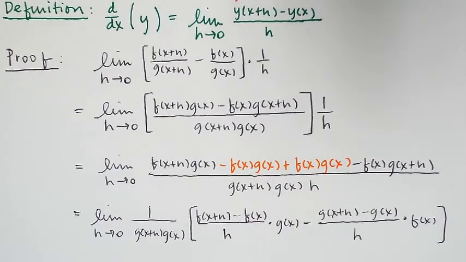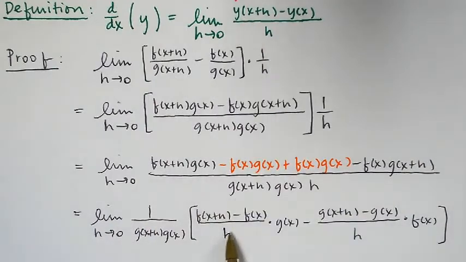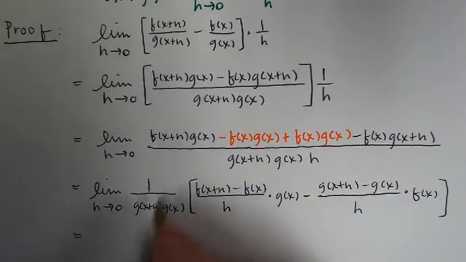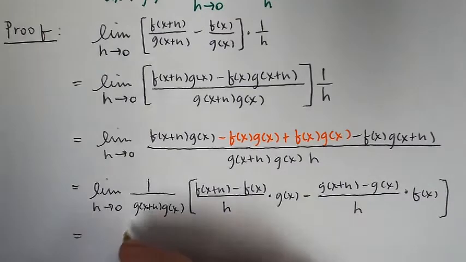And then what I want you to notice is, by the definition of the derivative, this is the derivative of f, and this is the derivative of g. And as h goes towards 0, this is going to become g of x, because I have 2 copies of g of x.